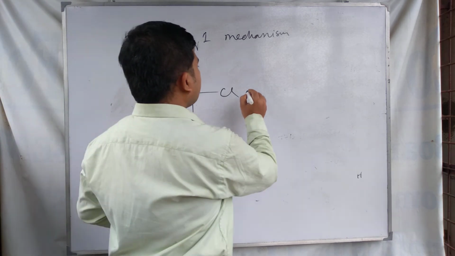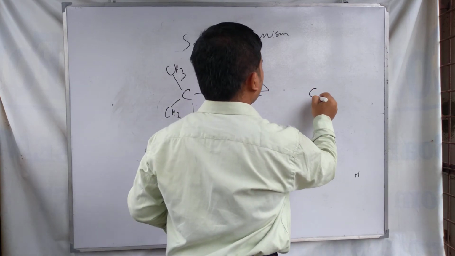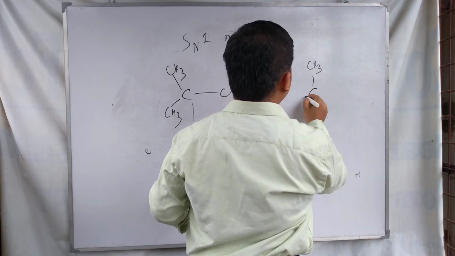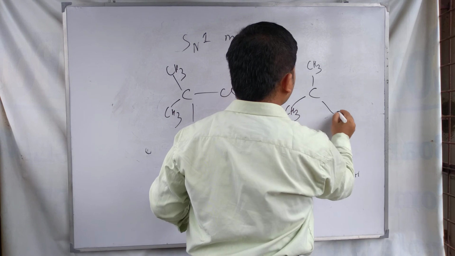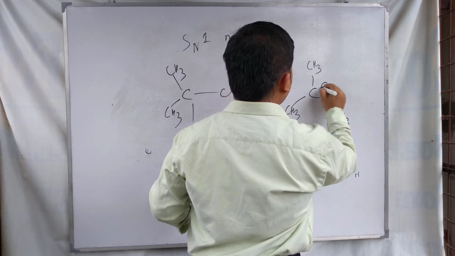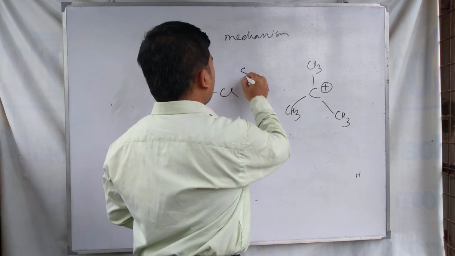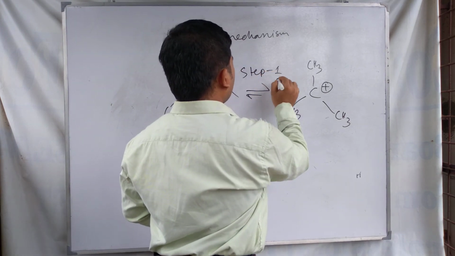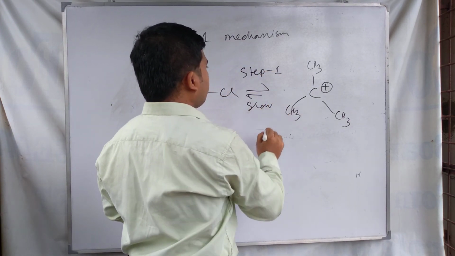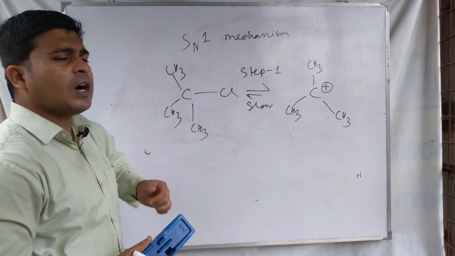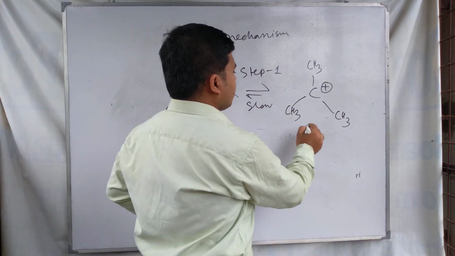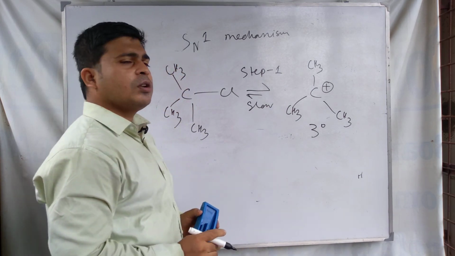Why? Because the first step of the SN1 mechanism is the formation of a carbocation. This is the slow step, and in the first step a tertiary carbocation is formed.